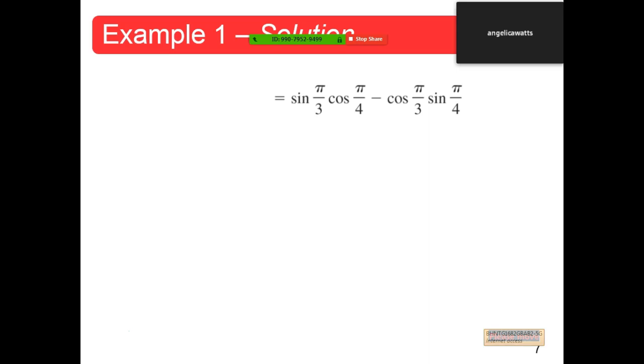You tell me, what is the sine of pi/3? I've already erased it, but you should know it. What is it? Help me somebody. Square root of 3 over 2. Cosine of pi/4 is square root of 2 over 2 minus, what's the cosine of pi/3?